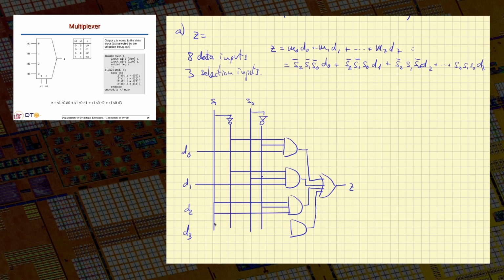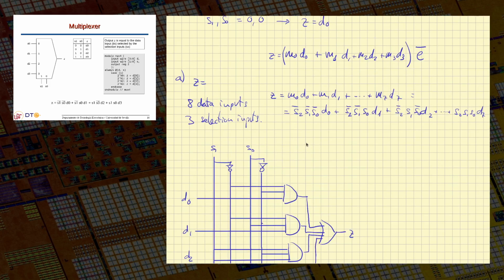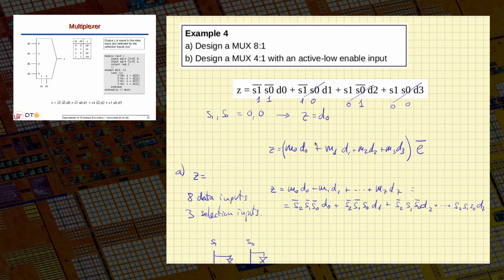Great, and now we have D1, S1, S0, and we have D3 here. Okay, so that will be the design for my regular multiplexer. This will be a multiplexer, only this part of the expression here.